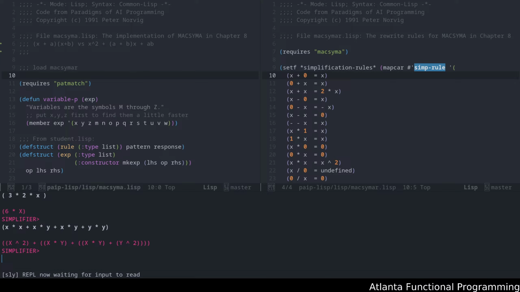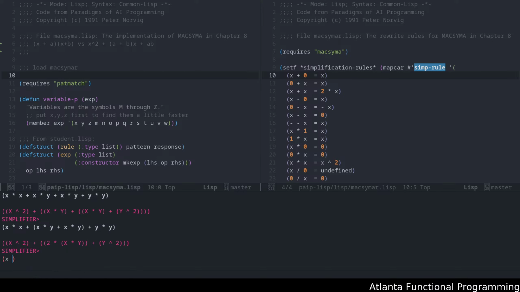Because of associativity rules, it didn't recognize that the middle two can be further simplified. Now, if you went ahead and did x times x plus, and put this in parentheses, y plus x times y, because this will take precedence, this will end up simplifying the way we expect it to.